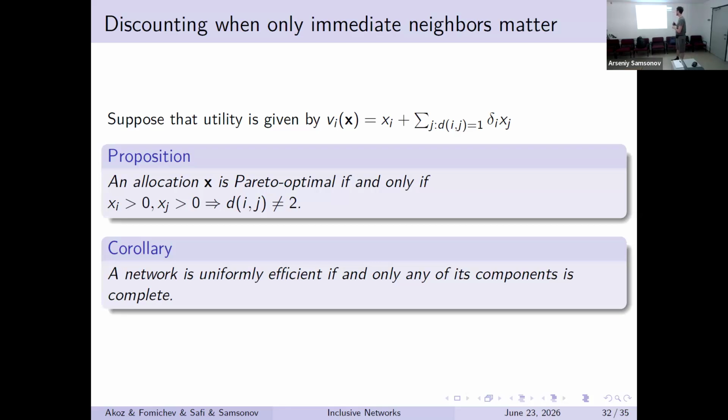So here, an allocation is going to be Pareto efficient for all these altruism factors if and only if whenever you give money to two people, they're not connected by degree 2. For example, if Ziv is a friend of Yoav, and I'm a friend of Yoav, but I'm not a friend of Ziv, then both Ziv and I cannot get a positive amount of money.